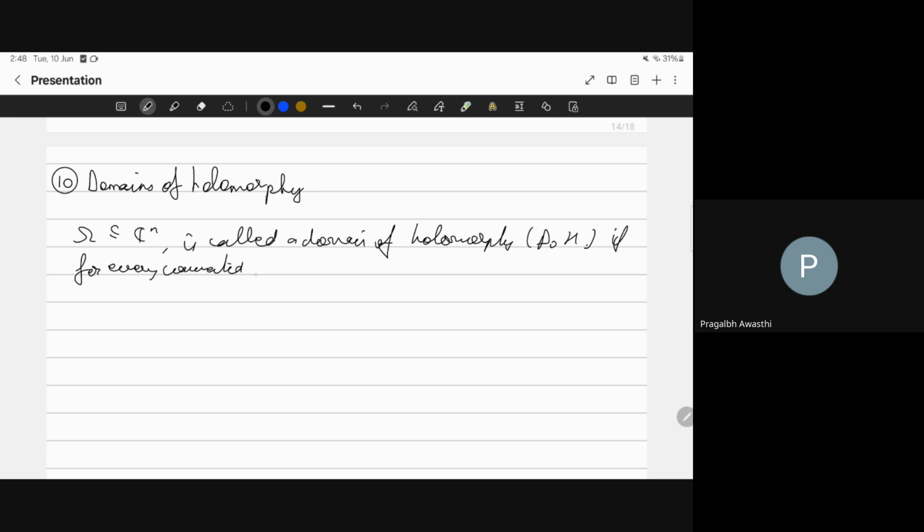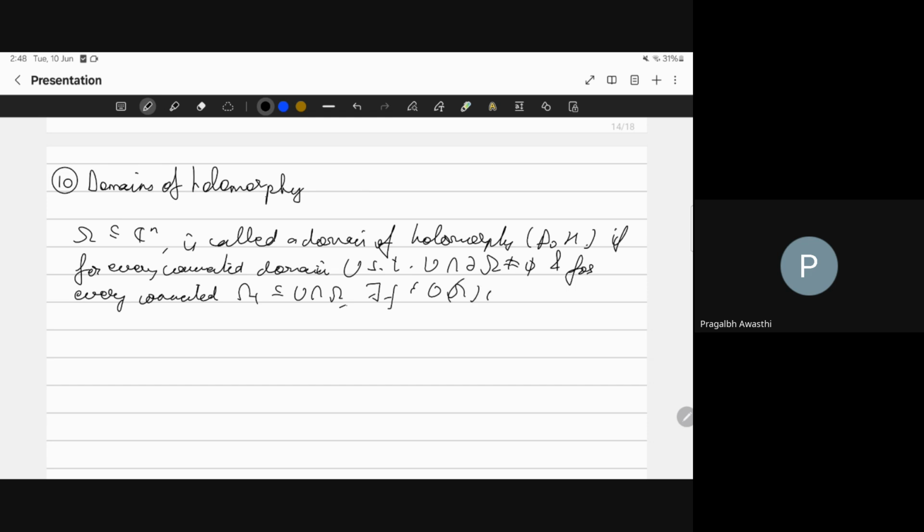connected open set U such that U intersection boundary of omega is not empty, and for every connected component omega 1 of U intersection omega, there exists f which is holomorphic on omega such that f cannot be extended analytically to U union omega.